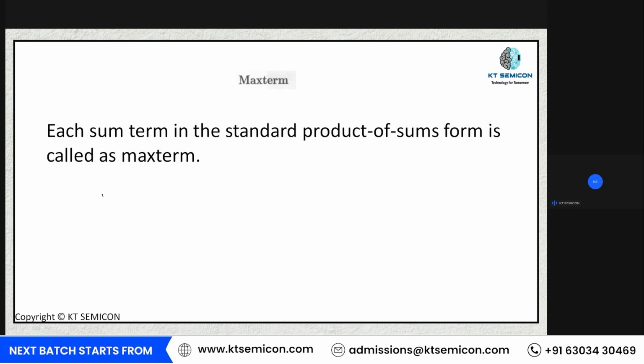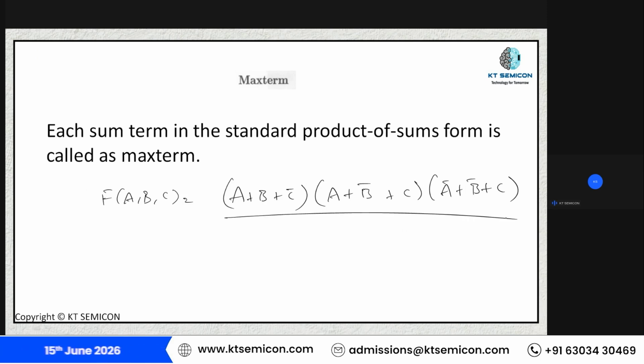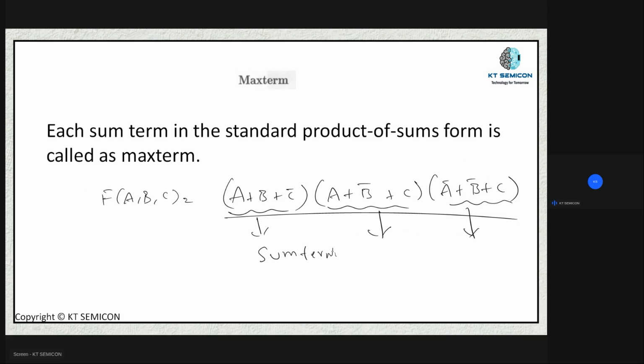For example, if we have a function f of a, b, c, which is (a + b + c bar)(a + b bar + c)(a bar + b bar + c). Here, each individual term is known as a sum term, or these are also known as max terms.